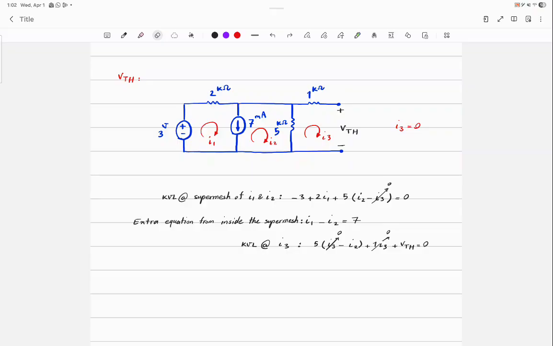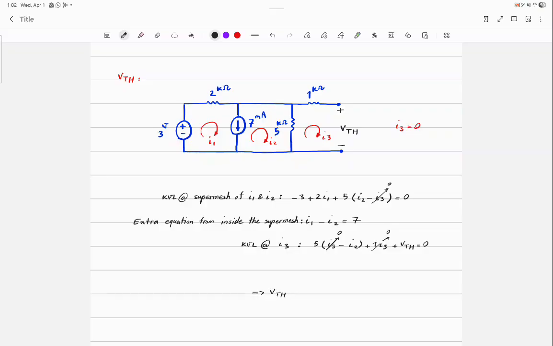If you remember for nodal, what was the statement? Anything in parallel with the voltage source goes inside the supernode. So that's the duality.